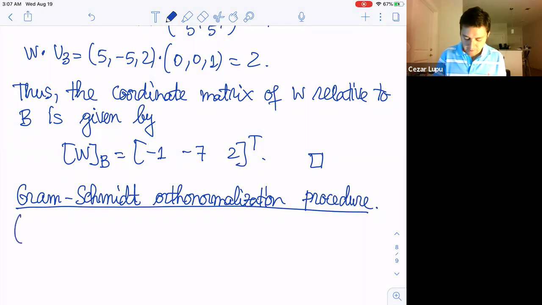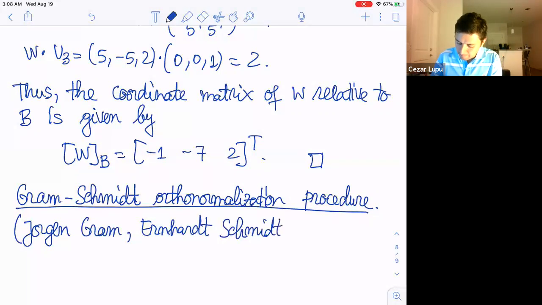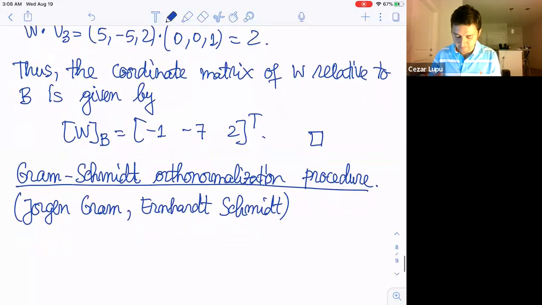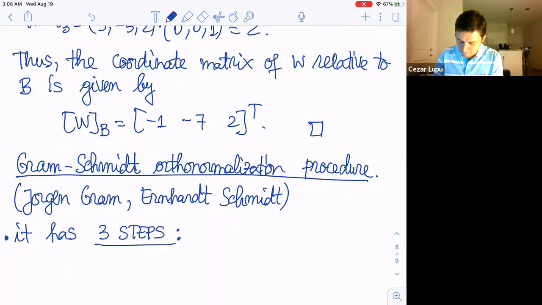This is due to, let me mention, Jürgen Gram and Erhard Schmidt, both of them German mathematicians. And it has 3 steps. Let's write them.